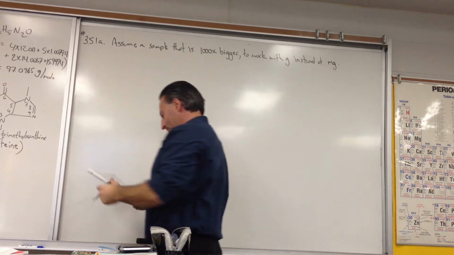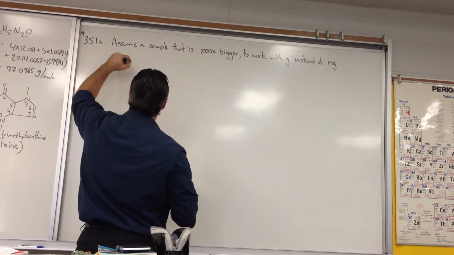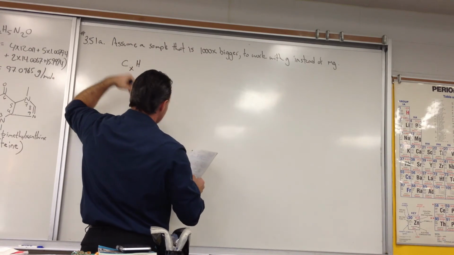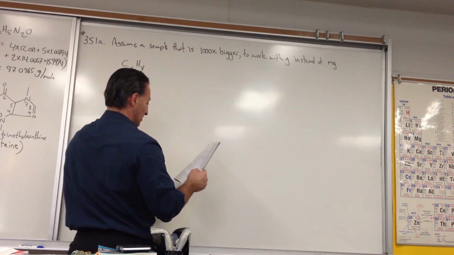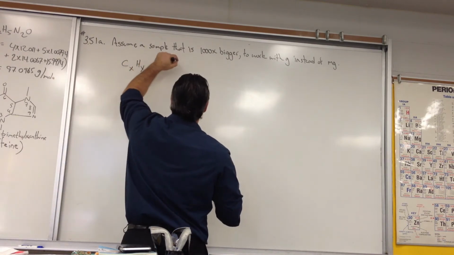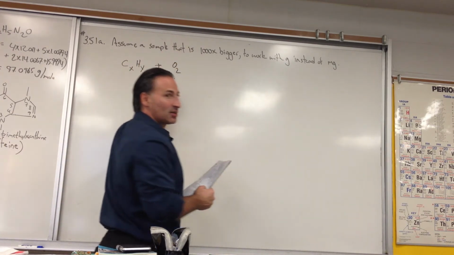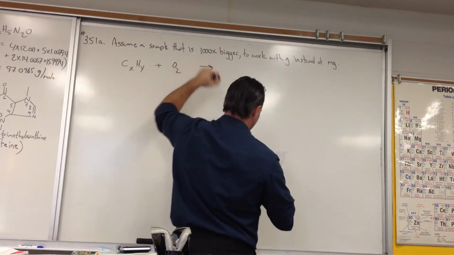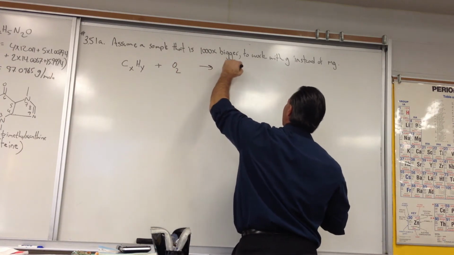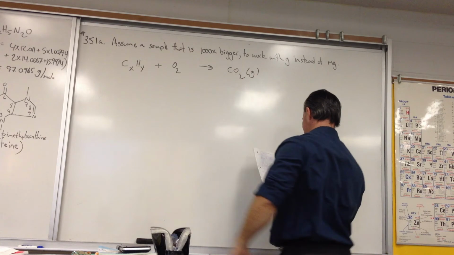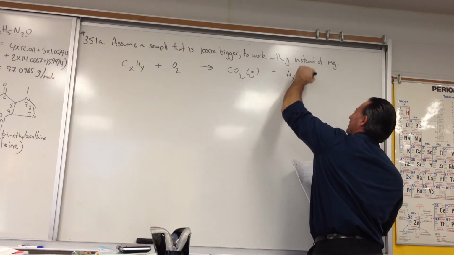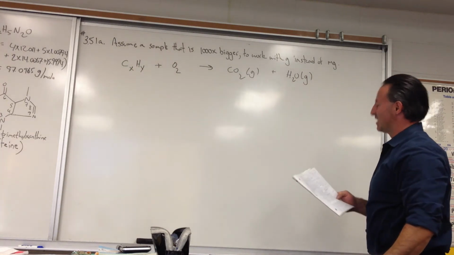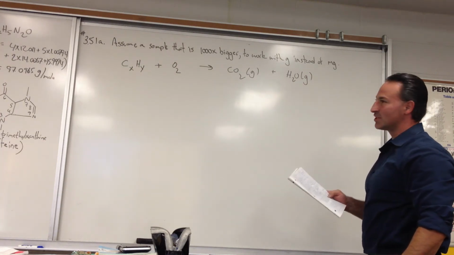All right, so when you do a combustion of an unknown substance with, I don't know how many carbons and I don't know how many hydrogens, so I'm going to put variables there, CxHy. Don't know what the composition is. You need oxygen, and carbon dioxide and water are produced.